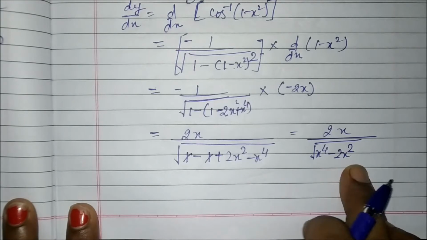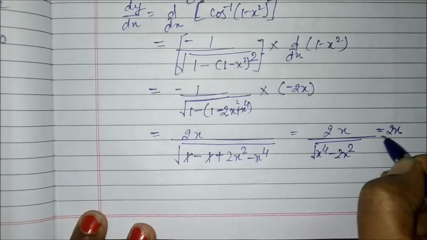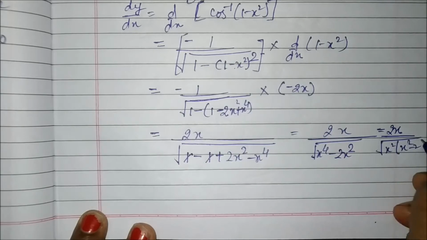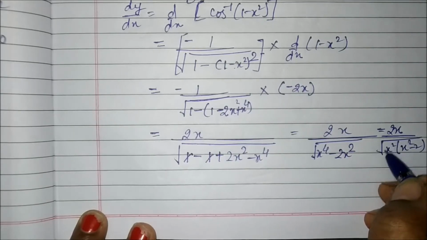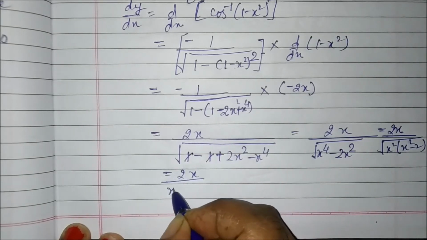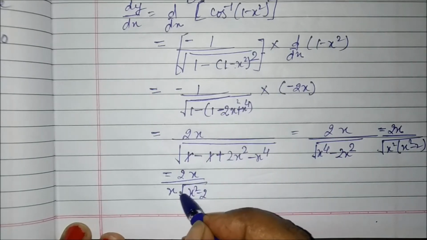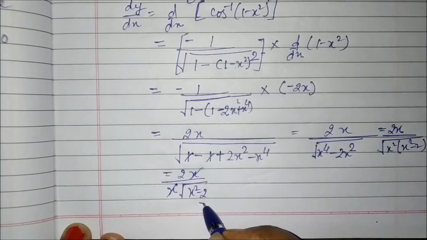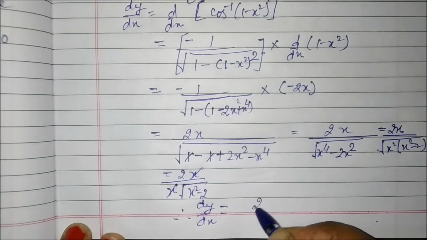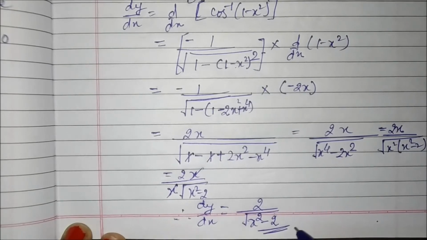Now taking this x square common, we get 2x upon under root x square into x square minus 2. Now take this x square out of the root, we get 2x upon x under root x square minus 2. Now this x will be cancelled out and we get dy by dx is equal to 2 upon under root of x square minus 2. So this is the final answer.